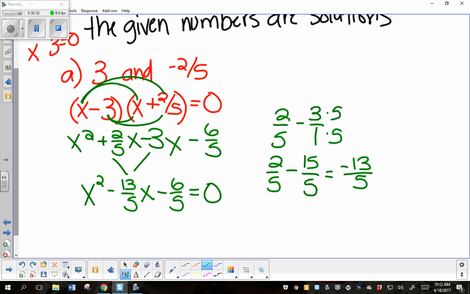Now, here's a rule that I know you're not going to like. In a quadratic equation, we don't want to give it with fractions in it. We'd really prefer to give it with all whole numbers. What could I do to get rid of those fifths? Multiply everything by 5. We can do that.